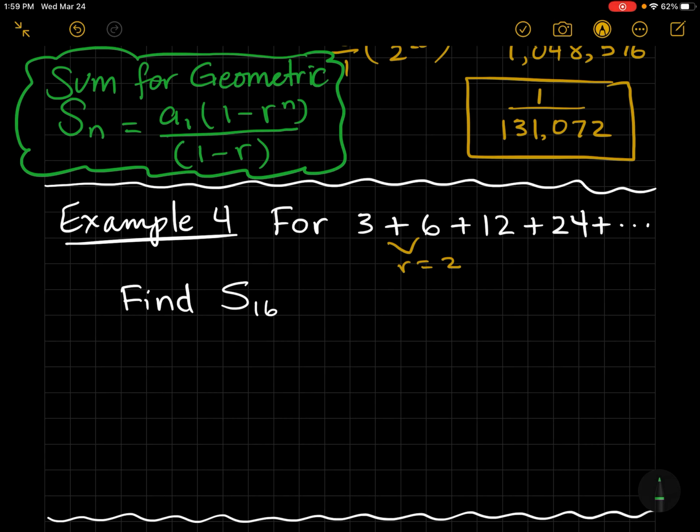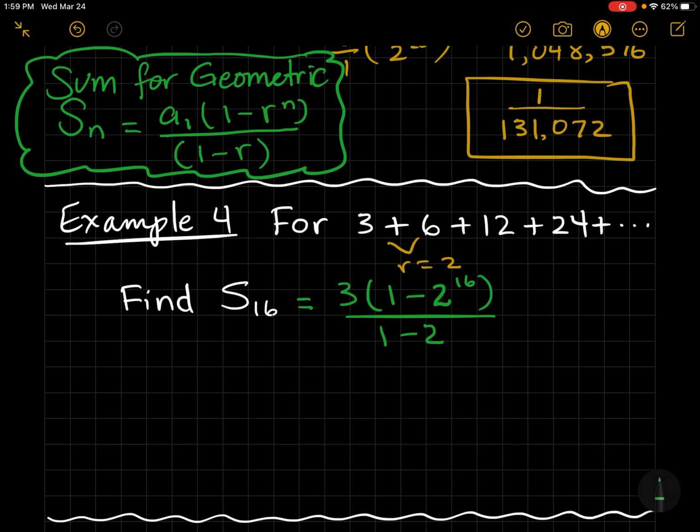So now, if we're trying to do S of 16, then what we're going to do is start with a sub 1, 1 minus the ratio, which is 2, n is 16, over 1 minus the ratio.